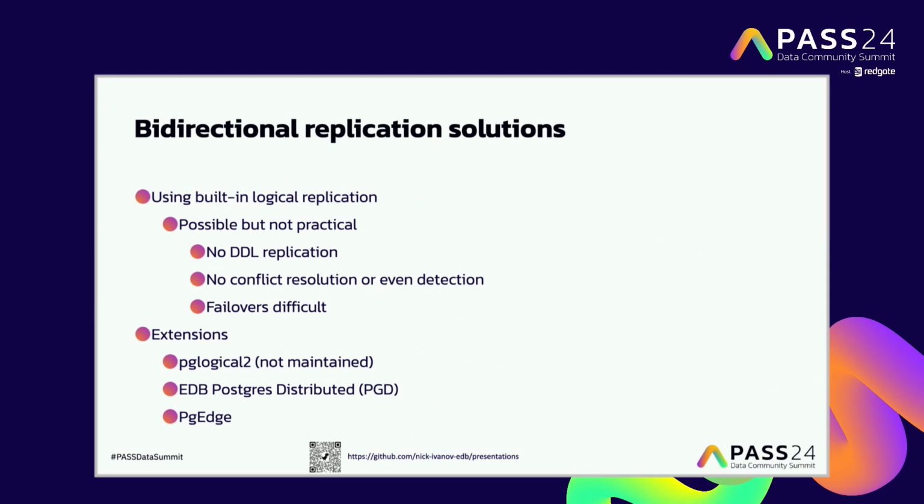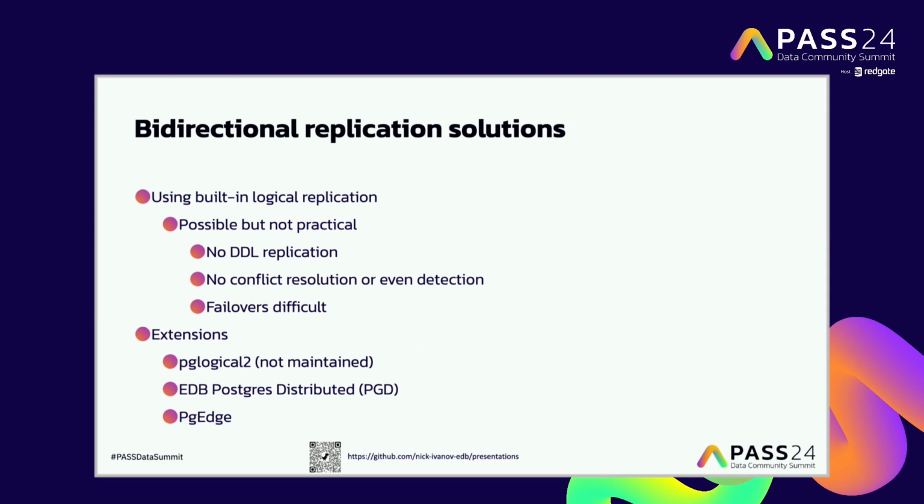There's one that was called pglogical, without the two at the end, which eventually became the logical replication engine in Postgres itself. But development of that continued into pglogical 2, which was very close to allowing you to do bidirectional replication. But it was kind of stopped. So this project is not really maintained anymore.